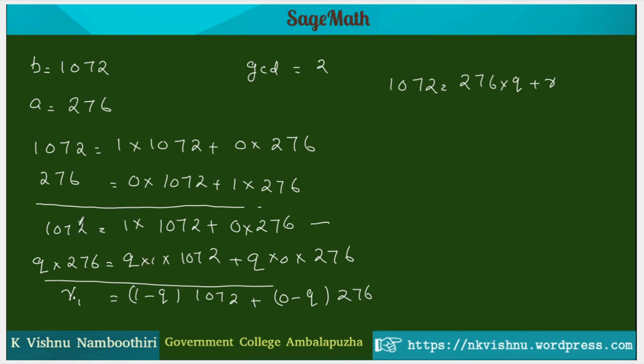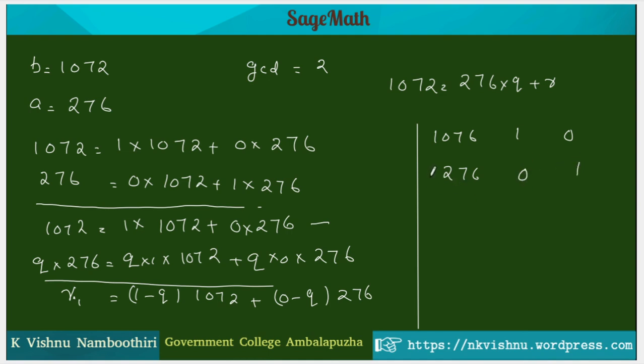In the next step, we will subtract from 276 equal to 0 into 1072 plus 1 into 276 as many times R1 as possible. Remember that subtraction is taking place only on the coefficients. Therefore, we focus only on coefficients: the row 1, 0 and the row 0, 1.